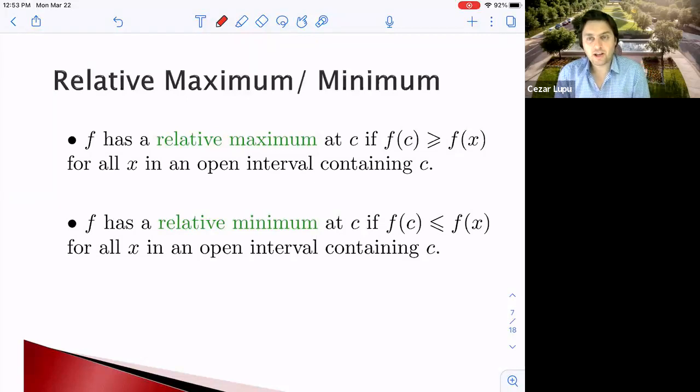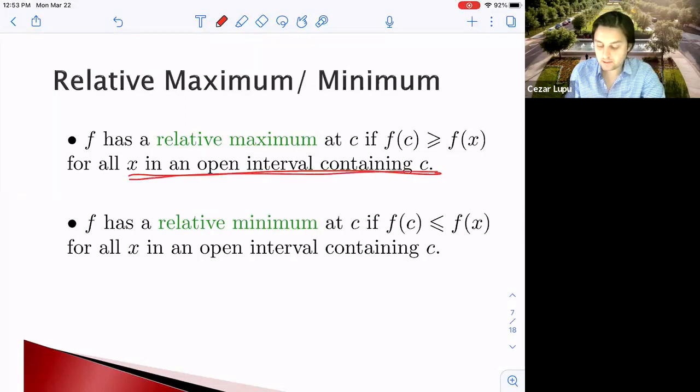All right, so let's see. We say that a function f has a relative maximum at a point c if f(c) is greater than or equal to f(x). And here comes the difference: for all x which are in an open interval containing the point c. This is the difference, right?